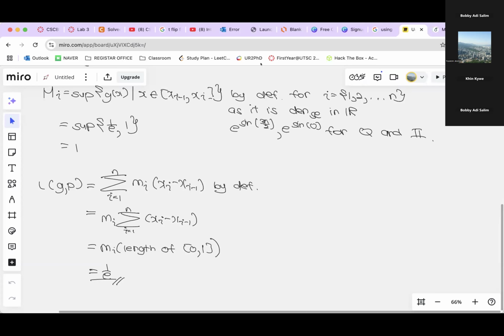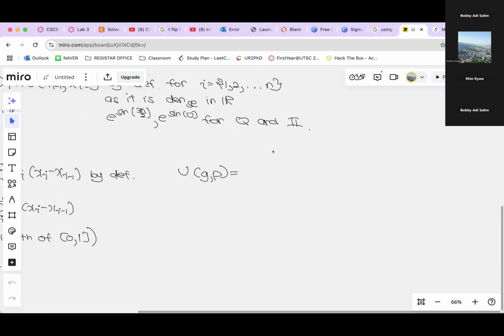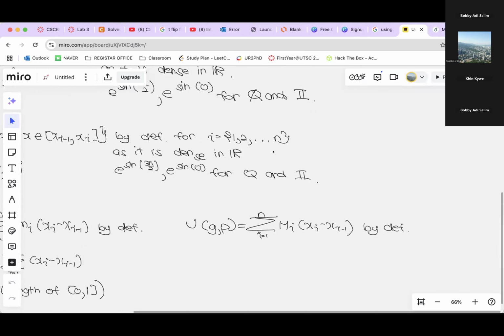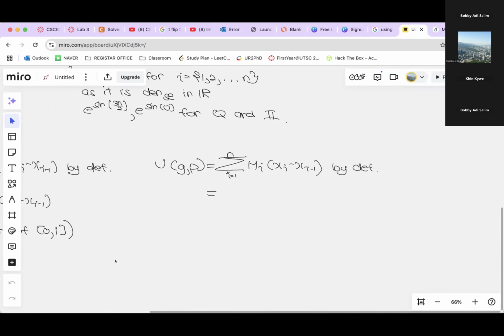Okay, so let's go on to the next one. So U of G, P. And then this one will be equal to the big one this time. So by definition, as you can see over here, the big mi is going to be equal to 1. So we place 1, summation, i equals 1 up to n, xi minus xi minus 1.